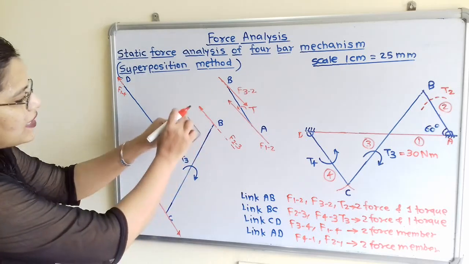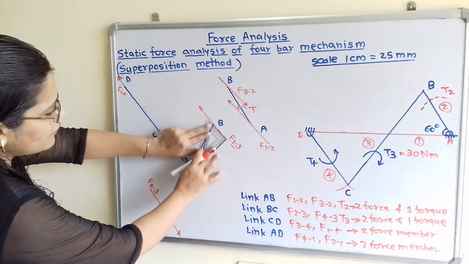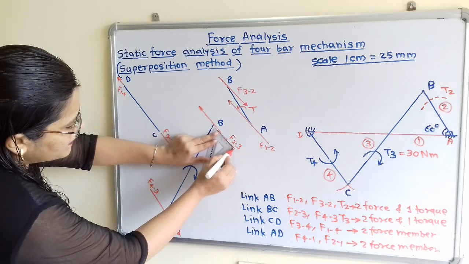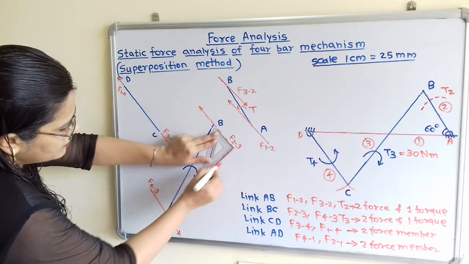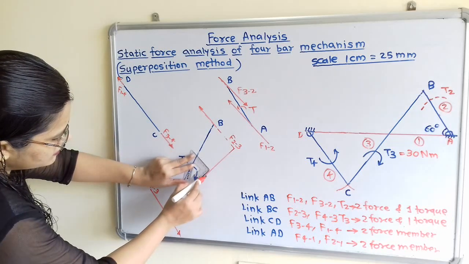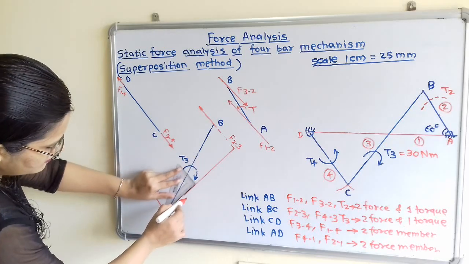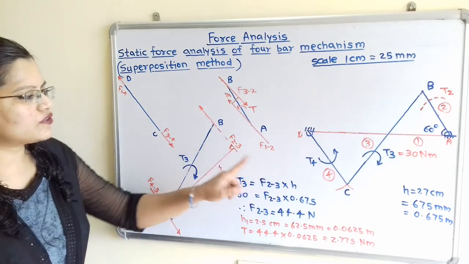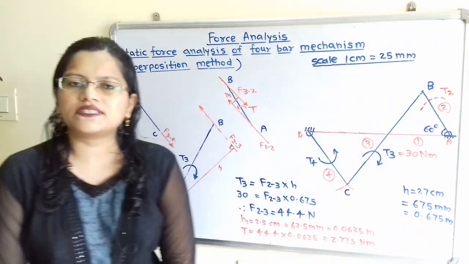So we have to align one edge with this line and then we will draw one perpendicular line. So we have to extend this. The length of h is equal to 27 centimeter.